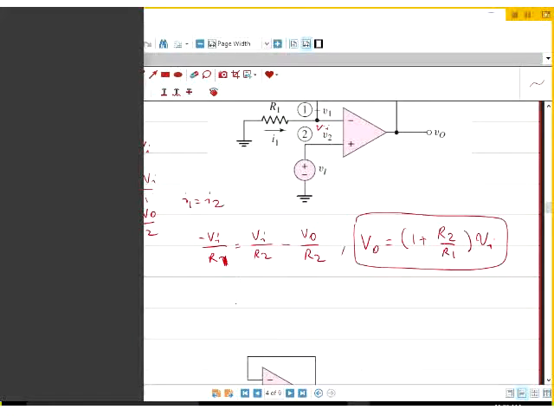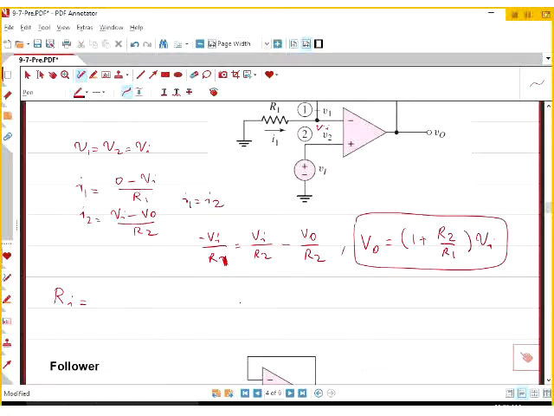Infinite. That's correct, yes. So the input resistance is infinite.